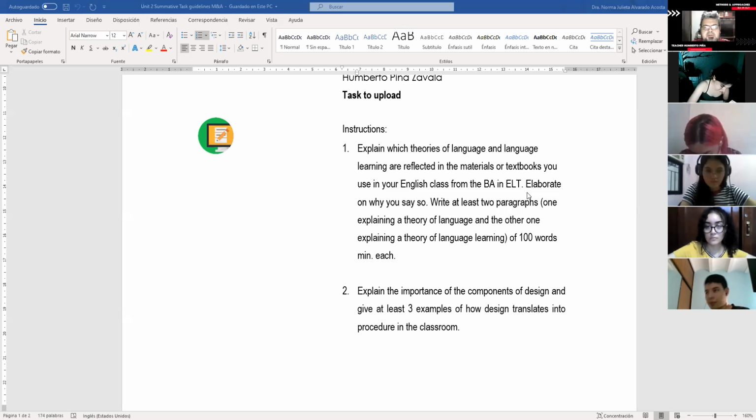But again, if you just do a count and you say, wow, out of, I don't know, 20 activities in the unit, 12 are grammatical, and there is one reading, there are only 2 listenings, and the listenings have to do with grammar, or do they have to do more with vocabulary? Or are the listenings aimed at providing a model for students to carry out conversations or dialogues? Okay, so that can give you an idea of what is the theory of language and the theory of language learning that these people have.